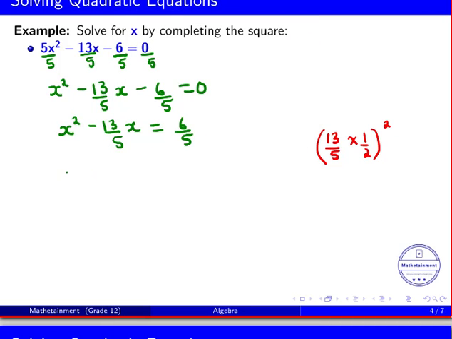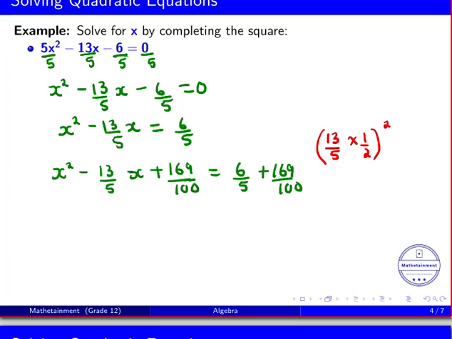On both sides of the equation, we are going to add 169 over 100. So we will have x squared minus 13 over 5 x plus 169 over 100 equal to 6 over 5 plus 169 over 100.